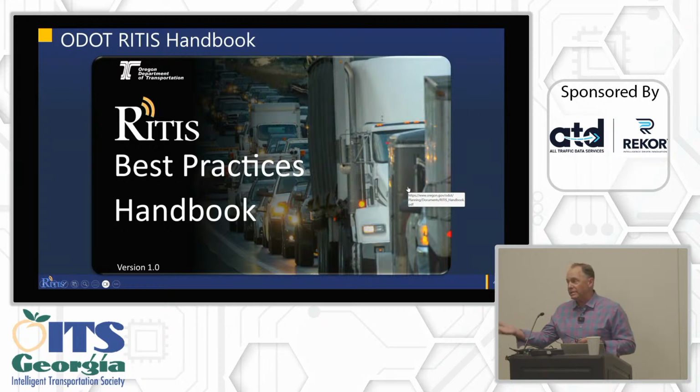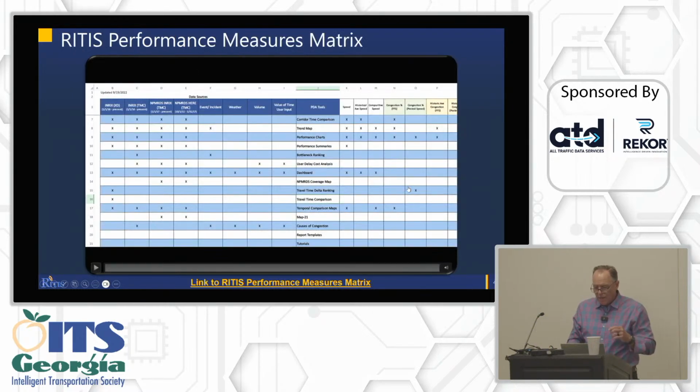In fact, you could download the template yourself. I think we provide the PowerPoint, and you can create your own version for GDOT, because at the header of the handbook, there's data source information. Oregon's an INRIX customer. You guys are HERE customers, so it might be a cool thing to think about doing.